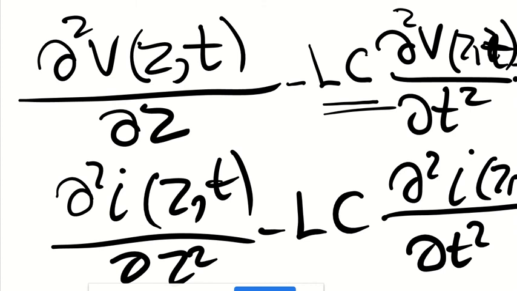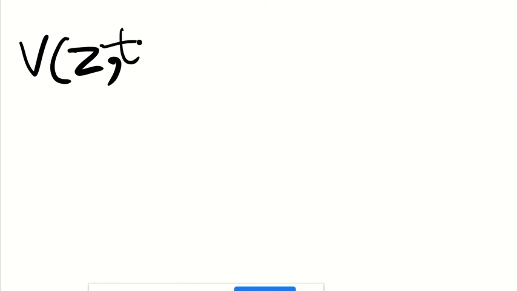If you solve these equations, at the end of the day, you get voltage that goes through Z, where Z is the direction, versus time. They see that they get two voltage signals that are going in both directions.